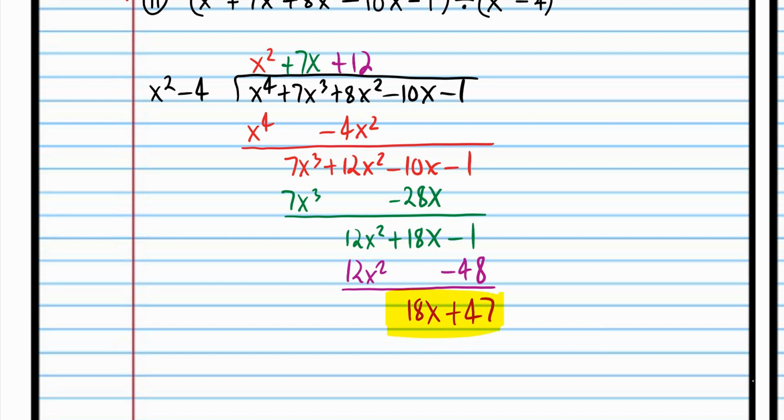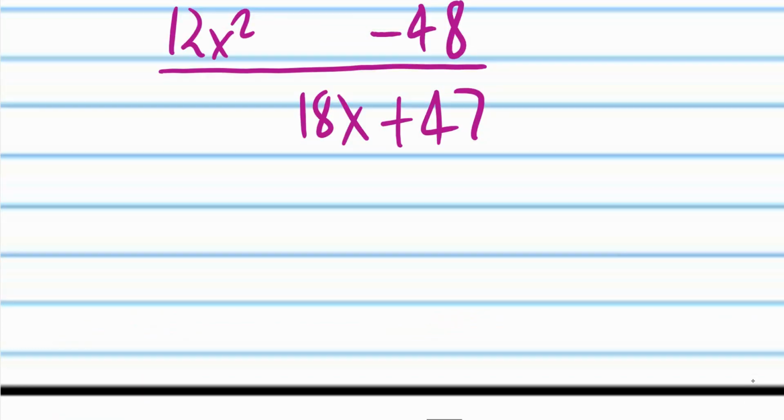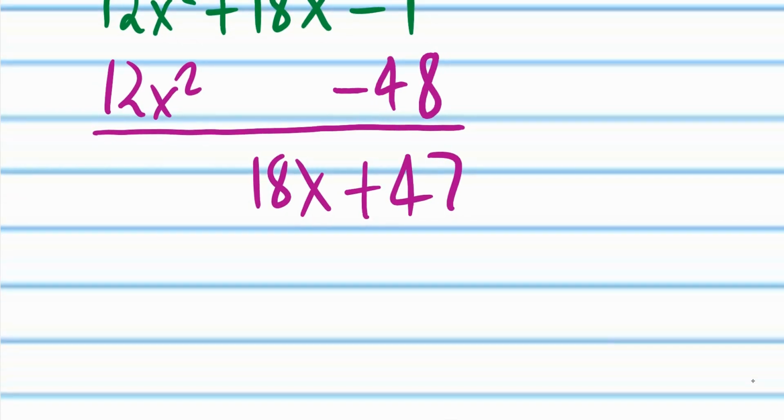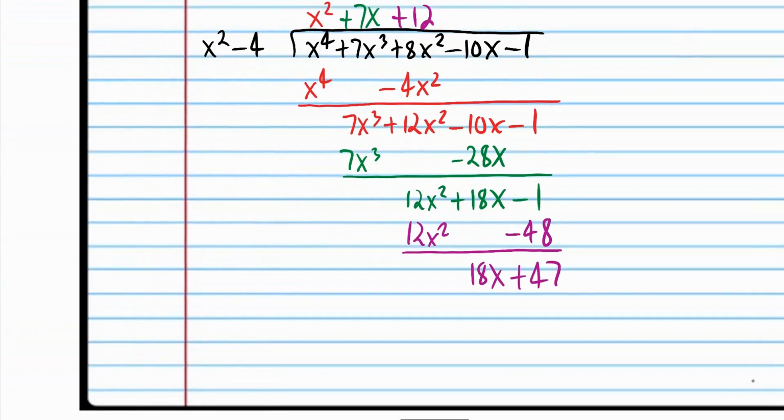The degree of this remainder is 1. Again, if there's no exponent on the variable, that means it's considered to be 1. So the degree is 1 on the remainder, but the degree of the divisor is 2. So the degree of the remainder down here is actually less than the degree of the divisor.